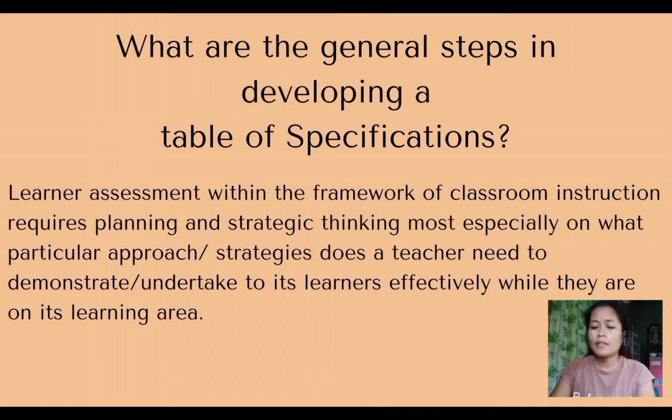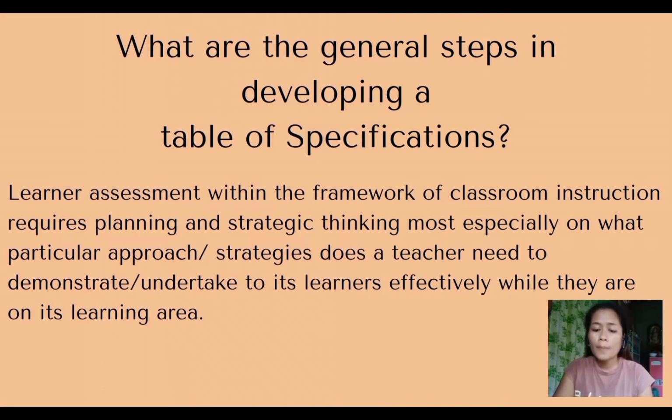Learner assessment within the framework of a classroom instruction requires planning and strategic thinking, most especially on what particular approach or strategies a teacher needs to undertake to teach learners effectively while they are in their learning area.